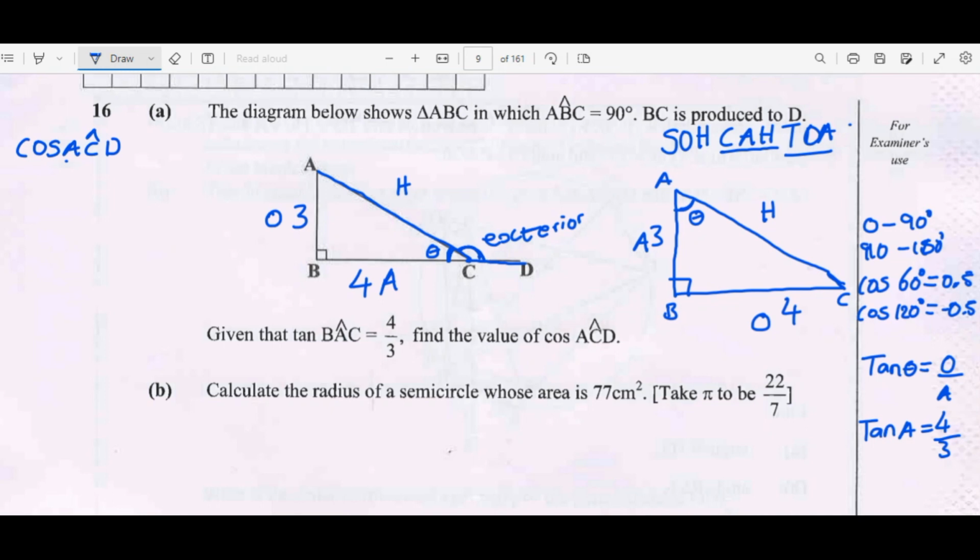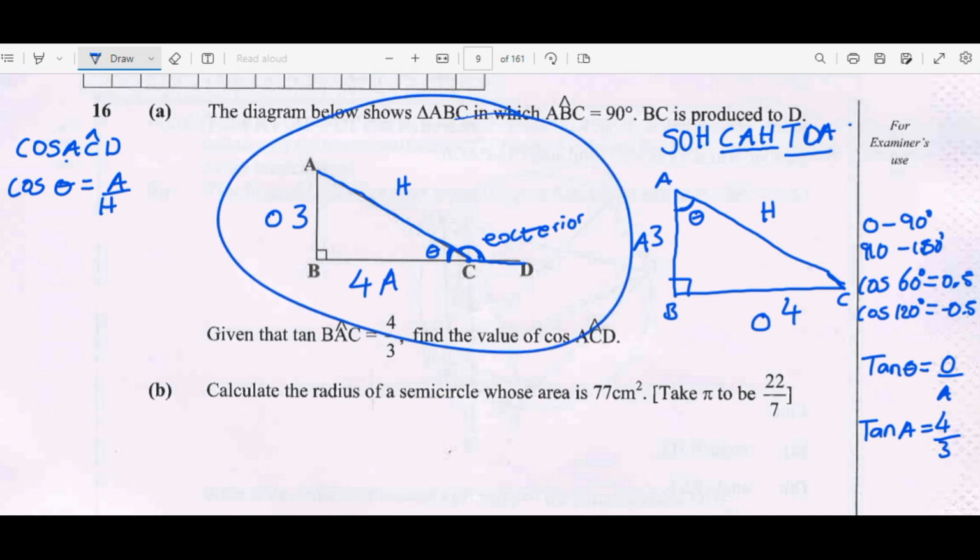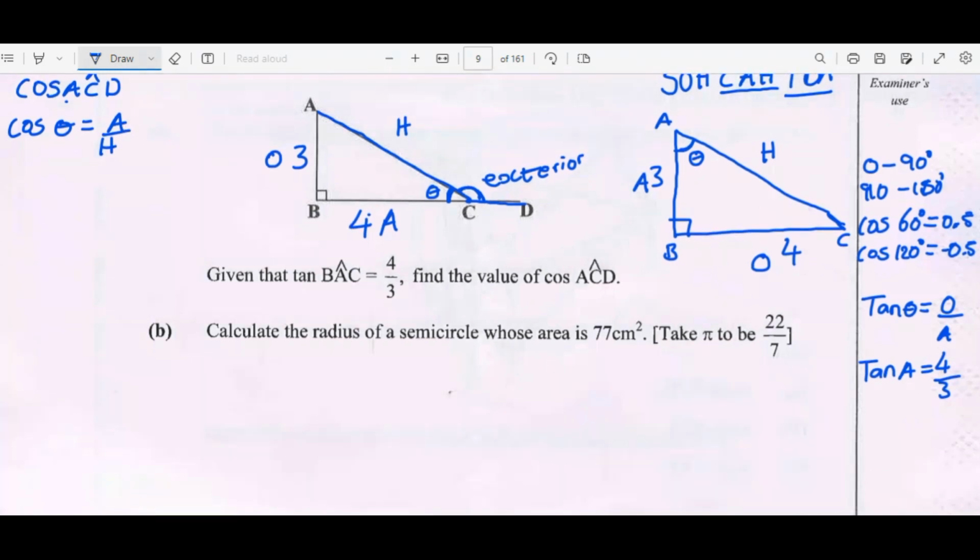So cos angle theta is equal to, we need adjacent divided by hypotenuse. Now the adjacent is given for this one. We have the adjacent, which is 4, but the hypotenuse is missing. So there is a need of finding the hypotenuse. So let's look at that one now using Pythagoras theorem.